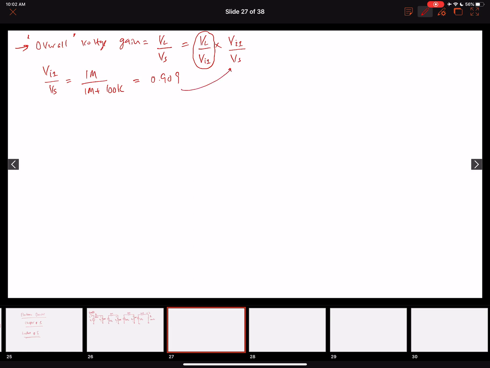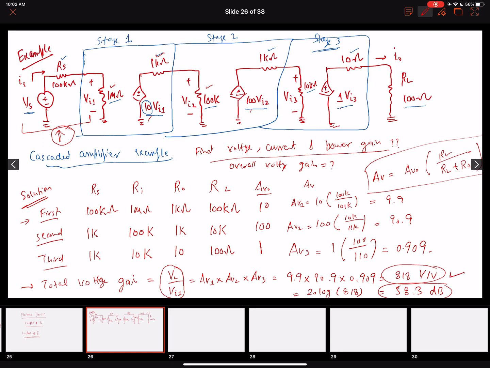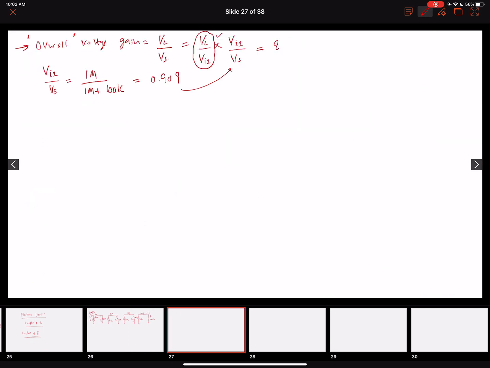The value of VL over VI1 is 818, multiplied by 0.909. The value that we got is 743.6 volts per volt. So this is the overall voltage gain of an amplifier. The next thing that we want to determine is the current gain of an amplifier.